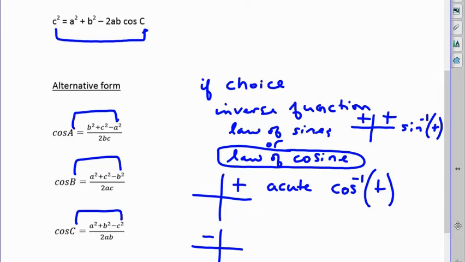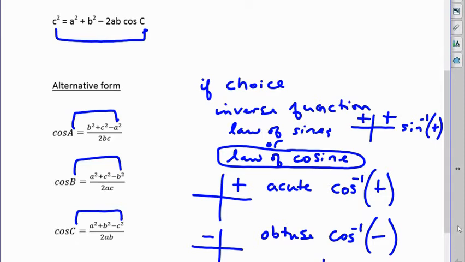And if you have an obtuse angle, that ratio of adjacent over hypotenuse that goes into your inverse cosine function will be negative. So that's the advantage to law of cosines, that there will be only one angle identified by its ratio, unlike law of sines where it is unclear which angle is the correct angle.